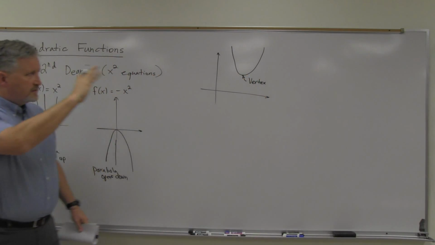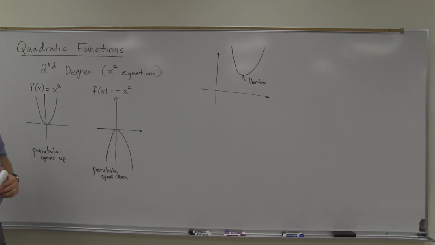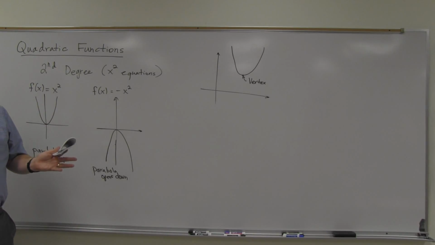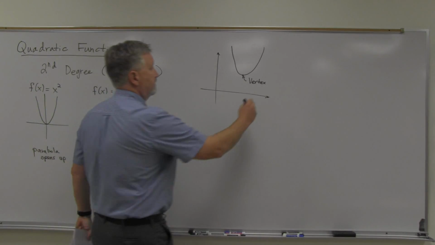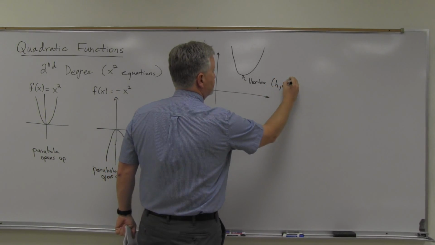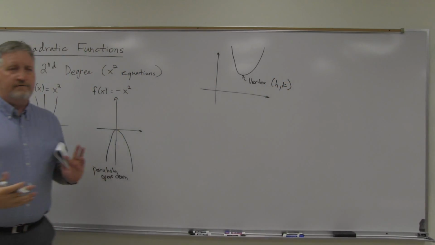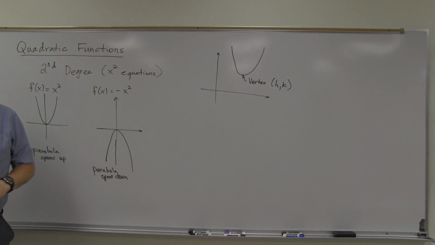And so this one's shifted over, like I said, into the first quadrant. The vertex is a point, and so they give it a name in general. They call it h comma k. And so h comma k will be the designation for our vertex.